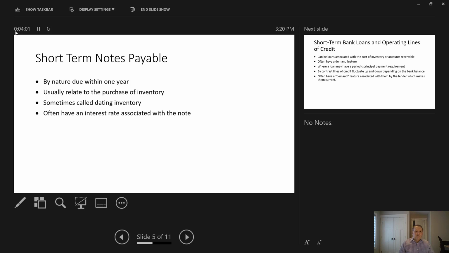Now, just an example of this. We see it in the RV industry where RV manufacturers want to build RVs over the entire year. But people tend to buy RVs in the spring. They really get on that bandwagon right then, get all excited. So what happens is the manufacturer of those RVs sells these RVs to an RV dealer, and the dealer signs some form of short-term note payable saying, I will pay for this inventory at a later date.